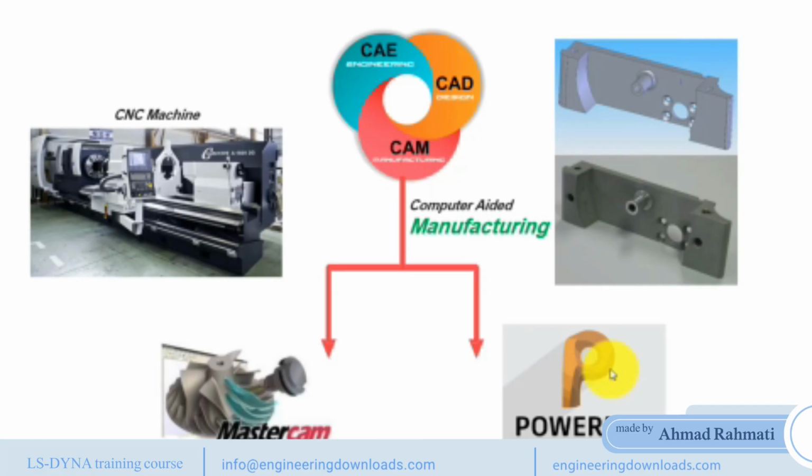And the last category of engineering software is related to the most important CAM software, computer aided manufacturing. Among the most important industrial machines that use this software for their own production are CNC lathe and milling machines. And the two most important software in this classification are PowerMill and Mastercam.